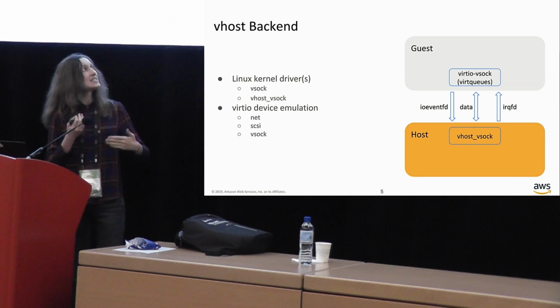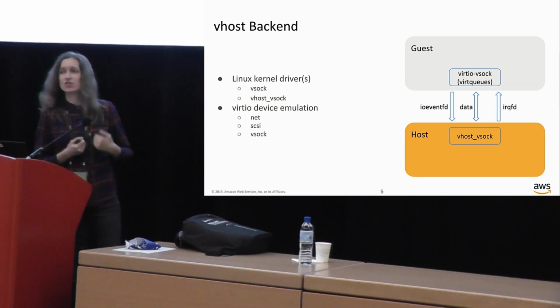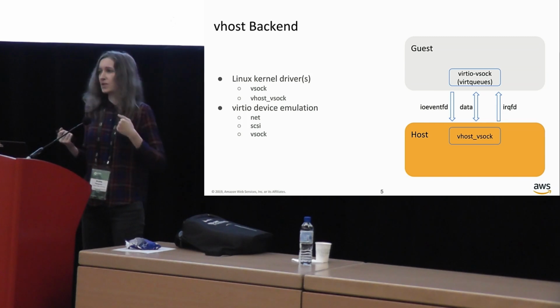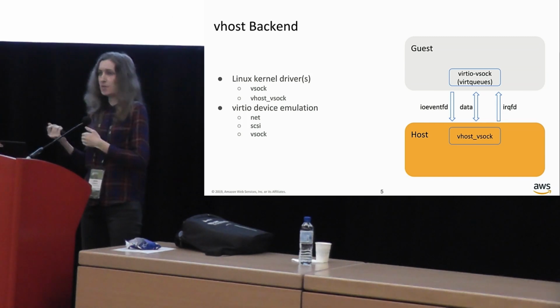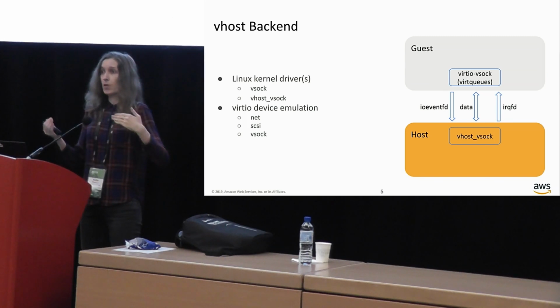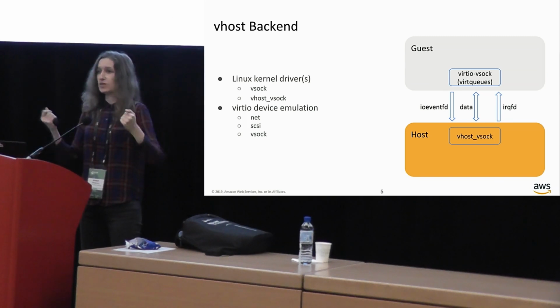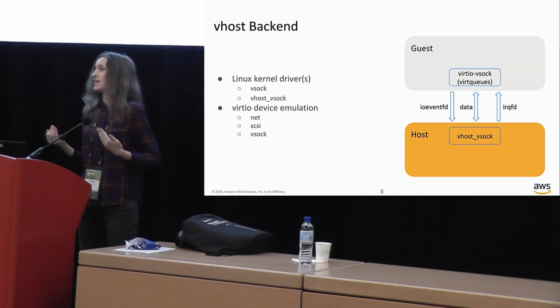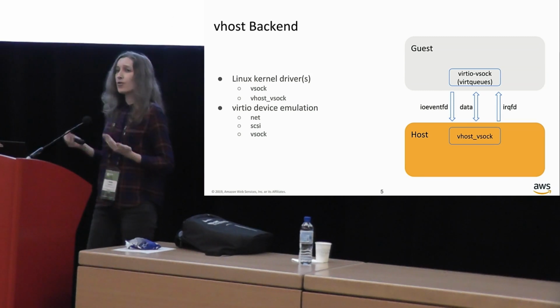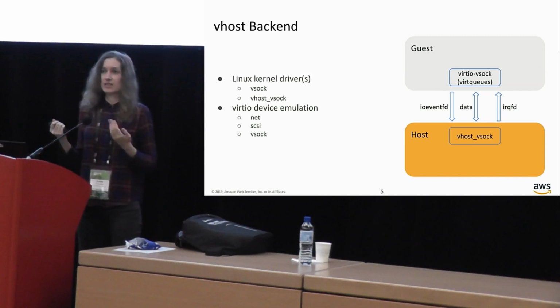So how will the entire communication and the setup of the device look? First of all, we need to set up the device. We need to have the interaction with the VMM so that we have the configuration done. And then the data can flow without the need for cooperation from the VMM, because the host has access directly to the buffers from the guest. And for signaling, we'll use event FDs.